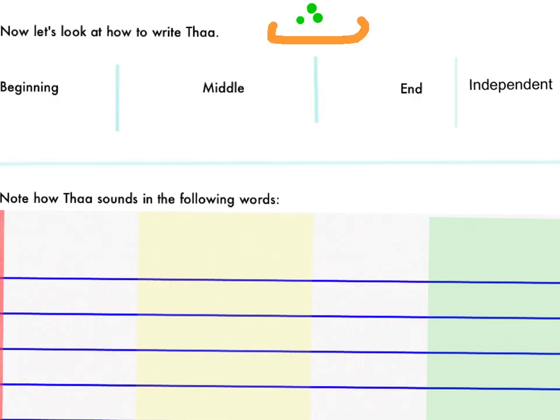Now let's look at how to write tha. Its basic shape is the same as ba and ta, but the placement and number of the dots are different. When tha is written independently, we write it like this.